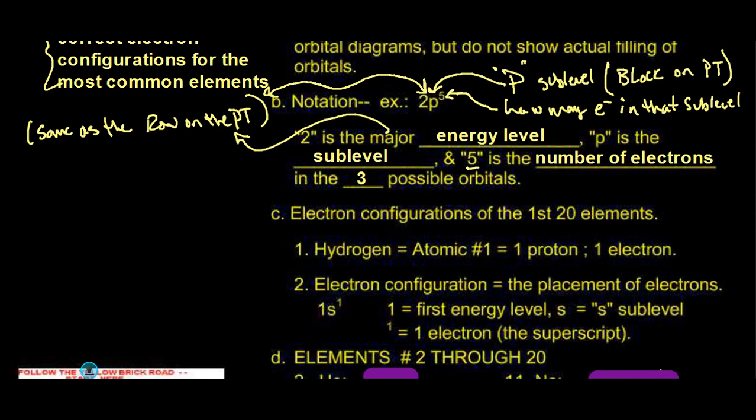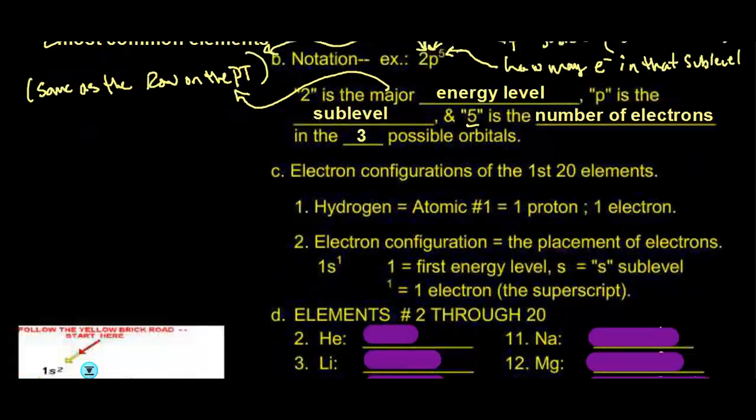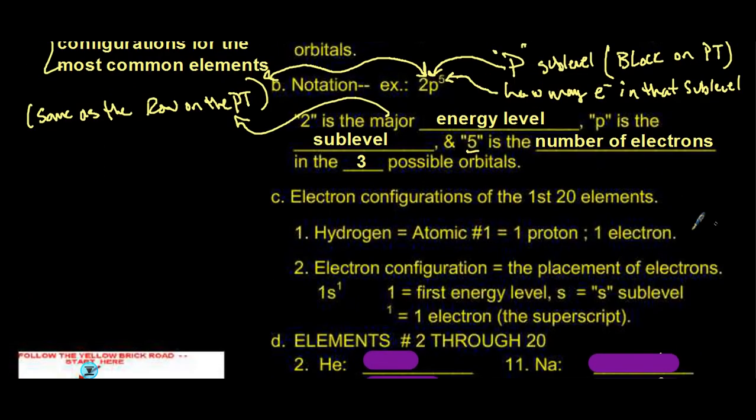So 1s1 is our electron configuration for hydrogen. Helium would be first energy level, first sublevel, but with 2 electrons, so helium would be 1s2.